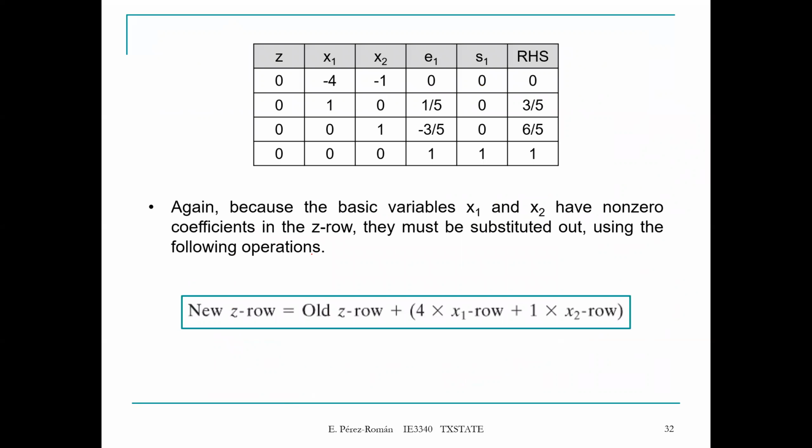So again, because the basic variables X1 and X2 have non-zero coefficients in row 0, they must be substituted out using the following operations. Let me label this: these are the basics, X1, X2, S1, and this is row 0, 1, 2, and 3.